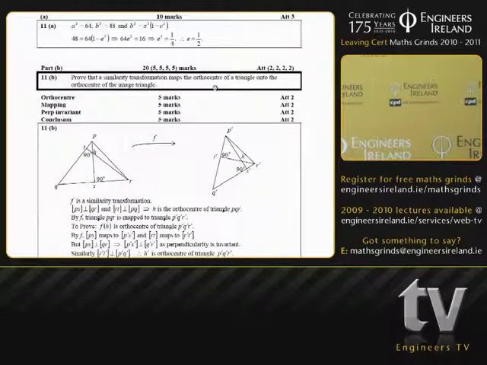Now what are they going to ask you? Prove that a similarity transformation maps the orthocenter of a triangle onto the orthocenter of the image triangle. That's a new one for you. That's the third of them, and they basically turned up inside a period of 4 years. The whole three of them have come out.